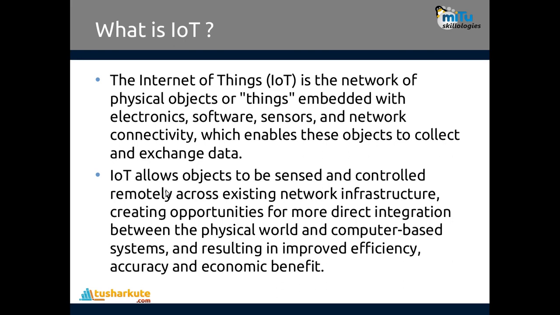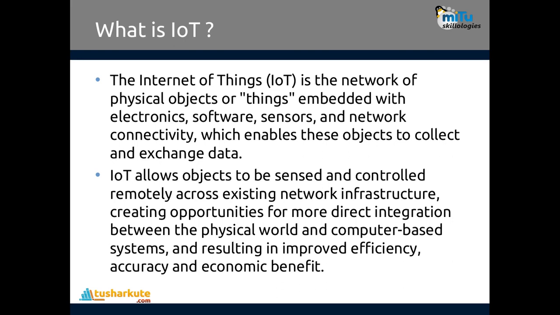So IoT objects allow themselves to be sensed and controlled remotely across the existing network infrastructure, creating opportunities for direct integration between the physical world and computer based systems, and resulting in improved efficiency, accuracy, as well as economic benefits.